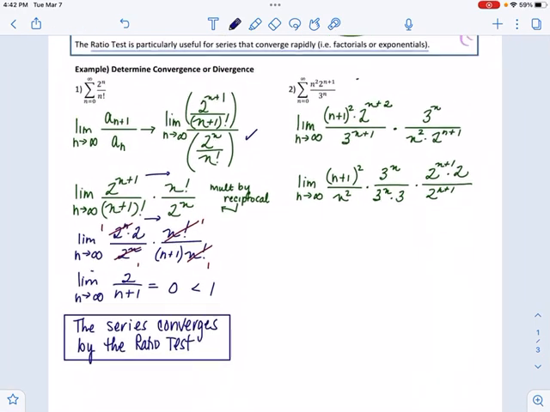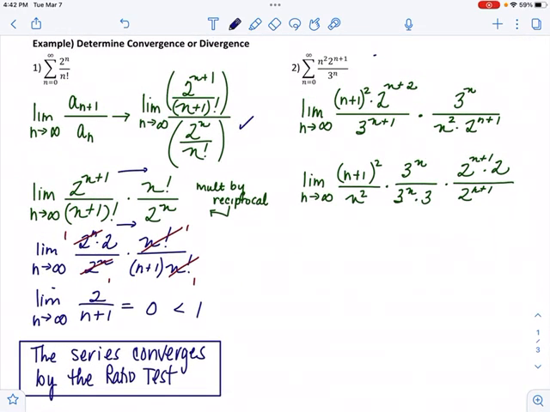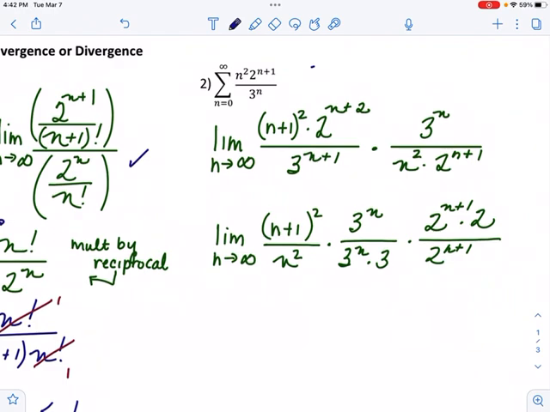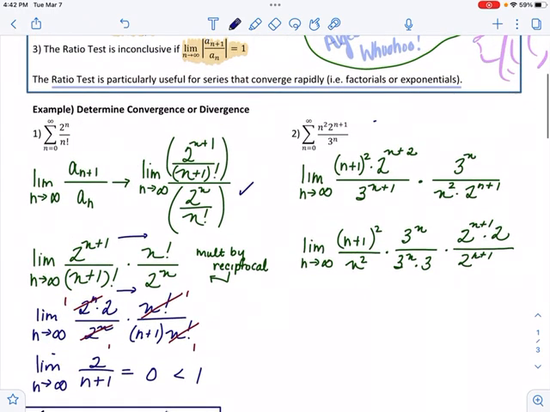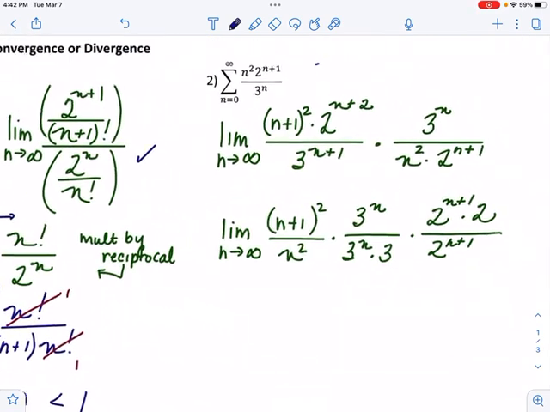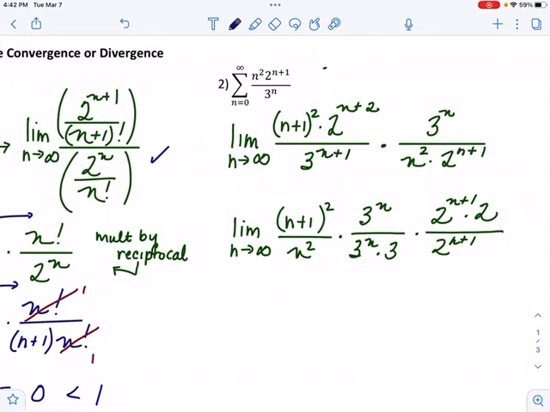Now the next one, we've got the infinite series n squared times 2 to the n plus 1 over 3 to the n. What I've done is skip to multiplying by the reciprocal here, and then I started to manipulate this. Remember, put in the a sub n plus 1, put in n plus 1, and then over the a sub n.